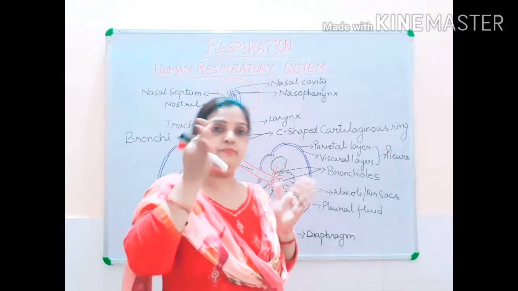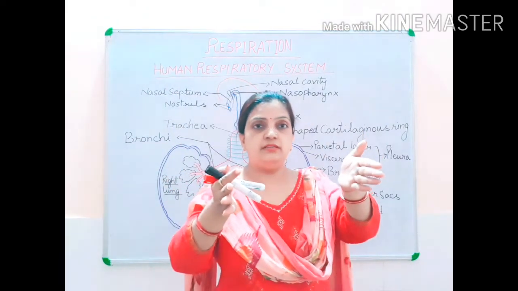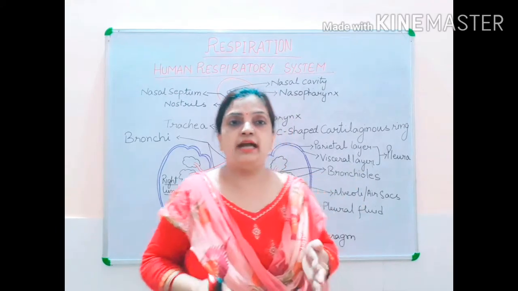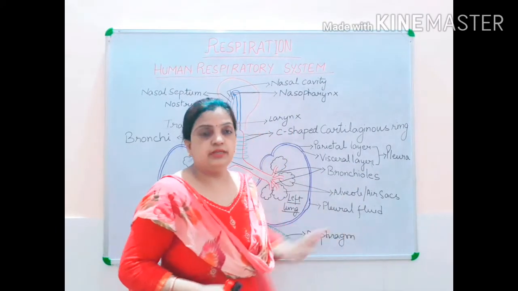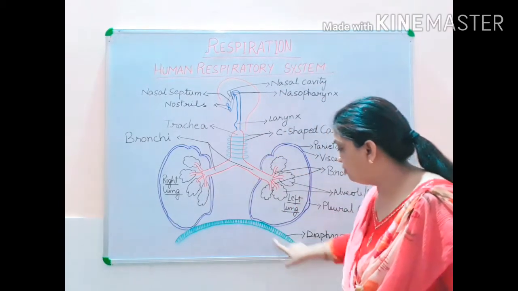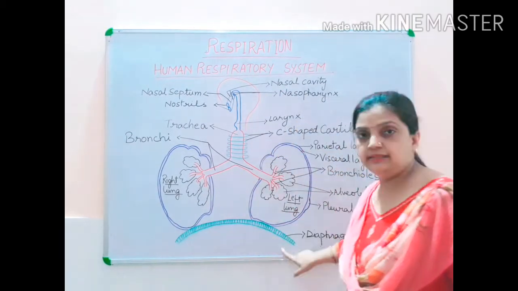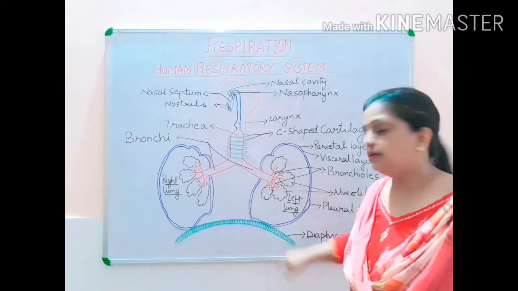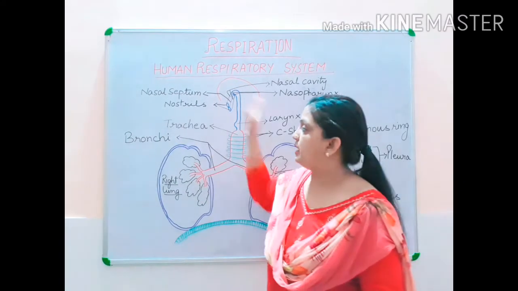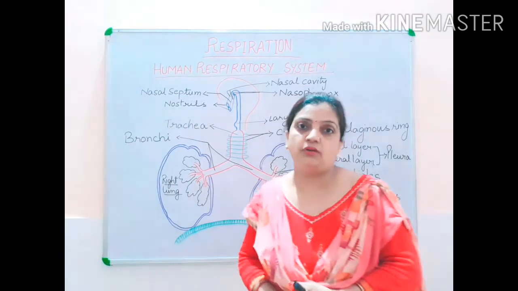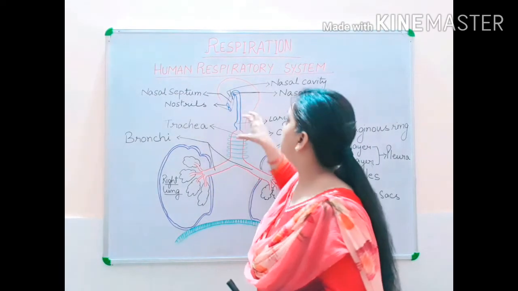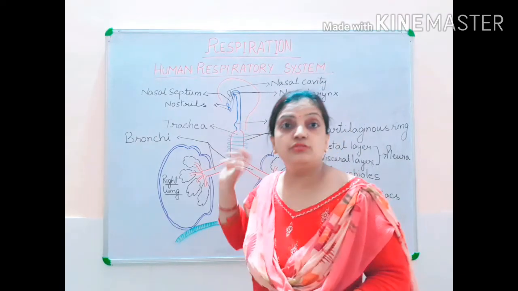In between parietal and visceral, fluid is present, and that fluid is called pleural fluid. At the bottom you can see I have drawn a dome shaped structure, and this dome shaped structure is called the diaphragm. So children, serially I have told all the names, and now I will explain how these parts are placed with a rough structure.